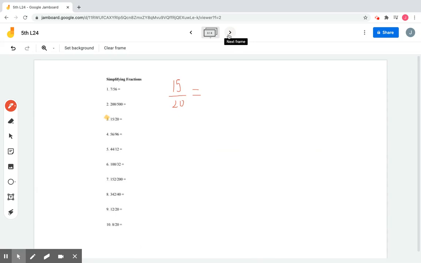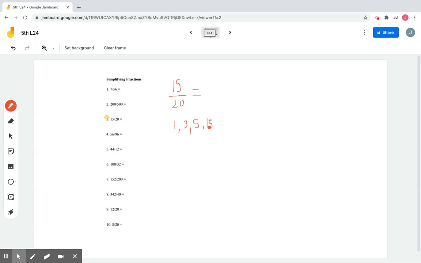And next one is simplifying fractions. We're going to work on number 3, and it is 15 over 20. So we're going to find a common factor in order to simplify this fraction. Let's look at the factors of 15. We have 1, 3, 5, and 15.